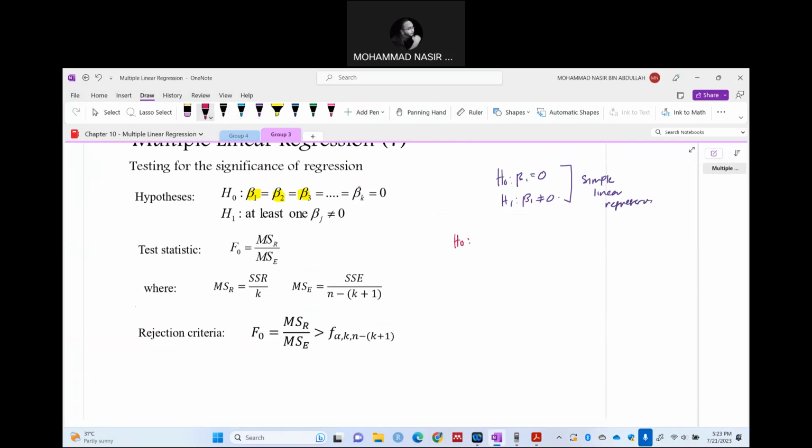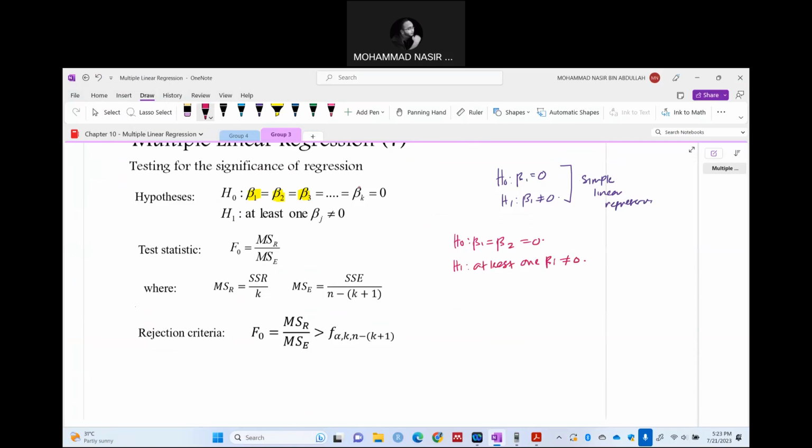So null hypothesis, beta 1 equal to beta 2 equal to 0, and alternative hypothesis, at least 1 beta i not equal to 0. So this is the standard hypothesis statement for multiple linear regression to test the significance of regression model.